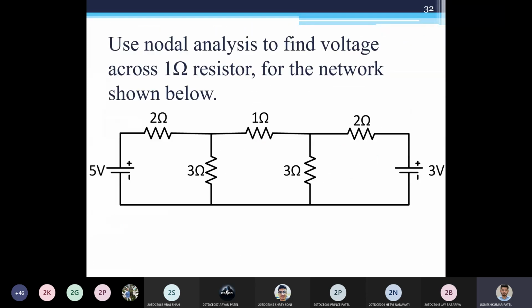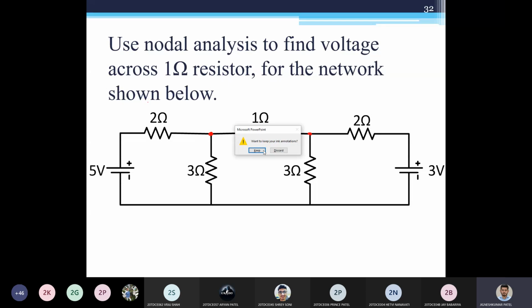Sorry for this one. I have 2 different examples. See, this example is a little bit different. What is different here is I don't have a current source. I'll simply write the equation for this one, and then we'll complete this lecture. For example, this is my first node, this is my second node, and this is my third node.